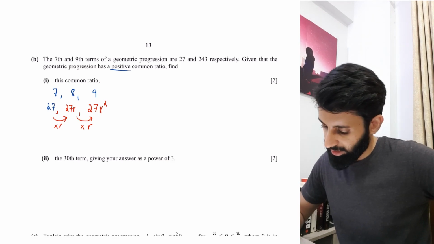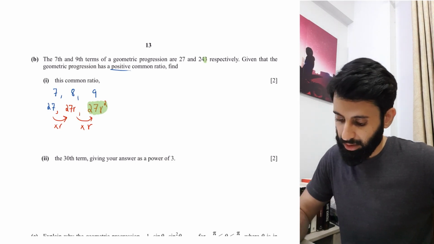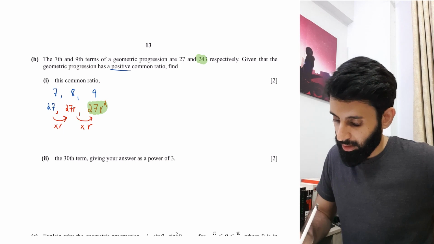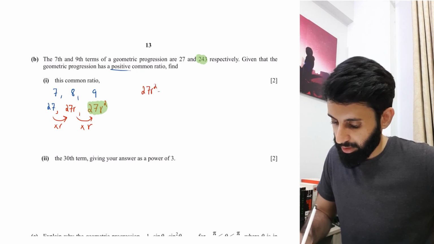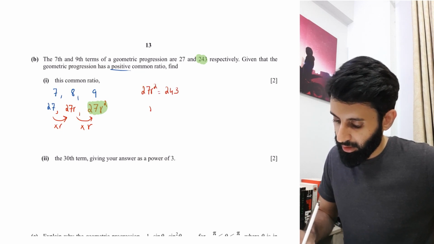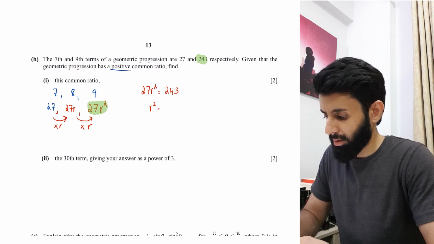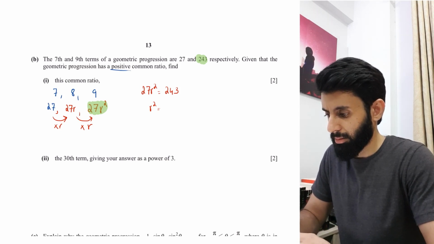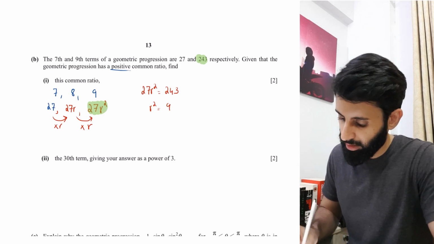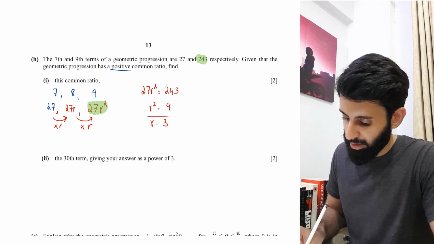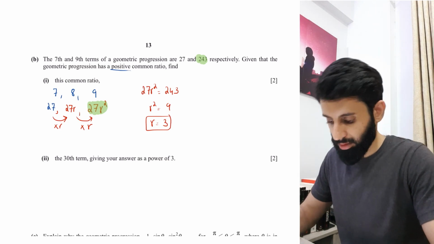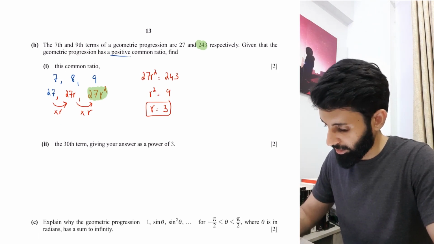And the 9th term is basically equal to 243. So I'm just going to equate the two. 27r squared equals 243. That means r squared is equal to, I think, 9. Let me double check. 243 divided by 27. Yep, it's equal to 9. Although it's going to be equal to plus minus 3, we'll just settle for plus 3 because the question says that it has a positive common ratio.